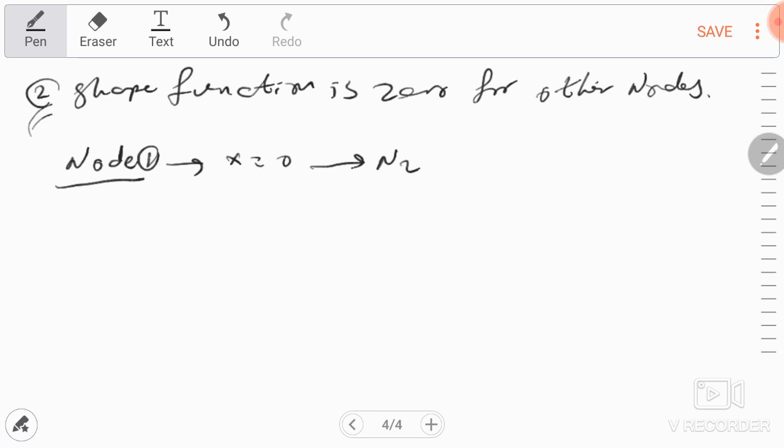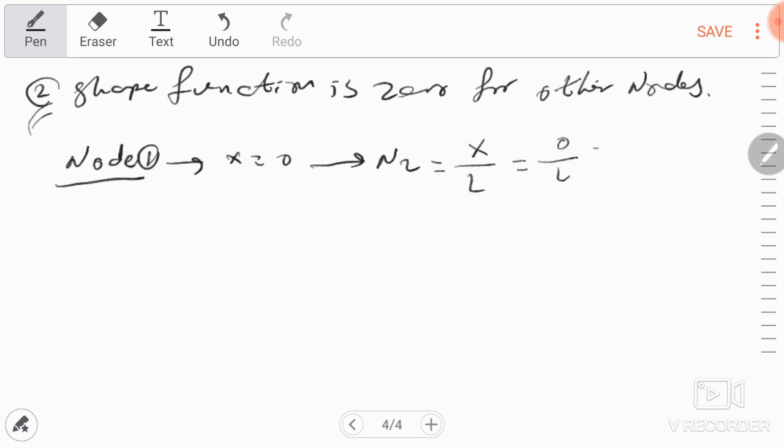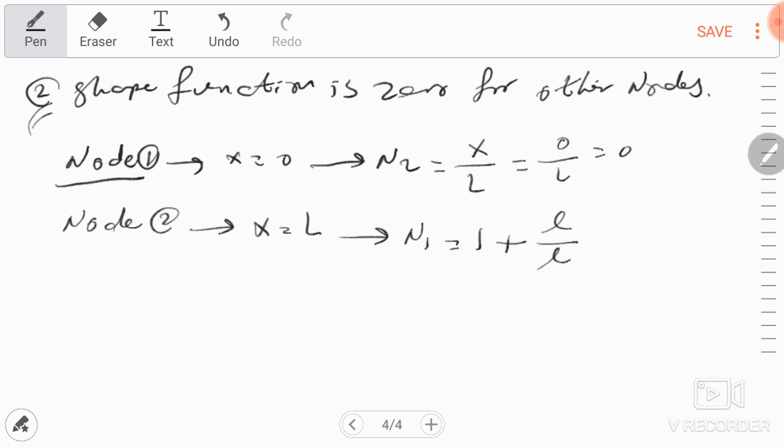So here N2 equals x over L, and x is 0, so 0 over L equals 0. Now go to node number 2, x is L, so N1 equals 1 minus L over L. Sorry, I'm very sorry, this is minus.